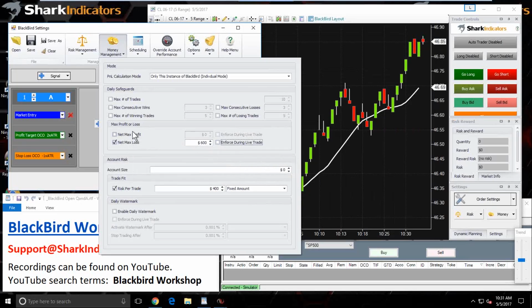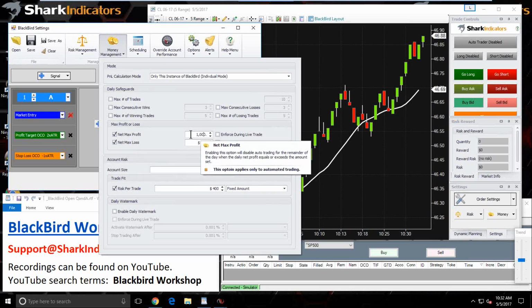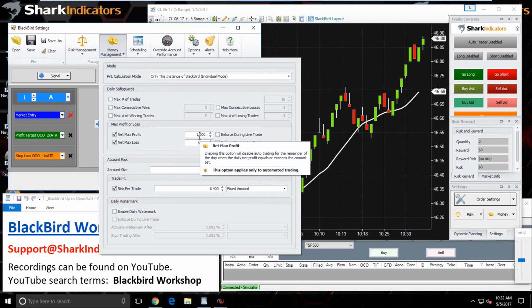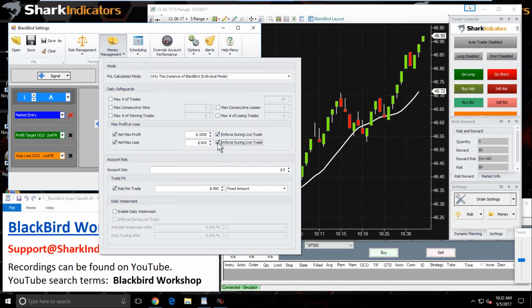So a good way of saying this is that the net max profit and max loss are based off of realized profits and losses, and the enforce during live trade attempts to use unrealized profits and losses.